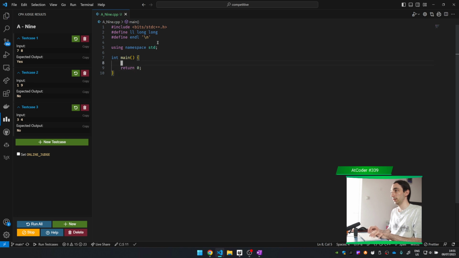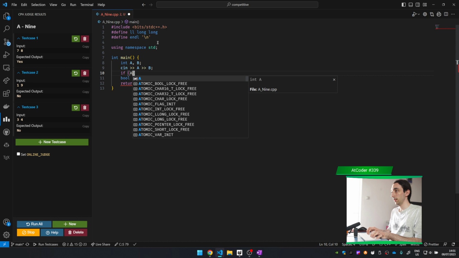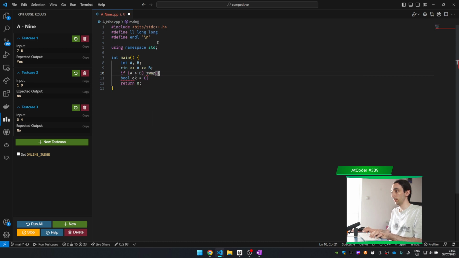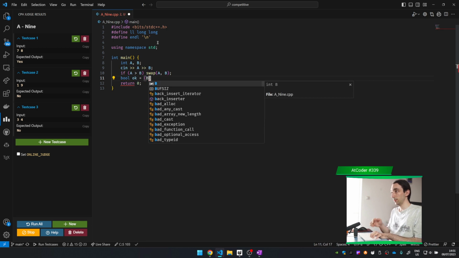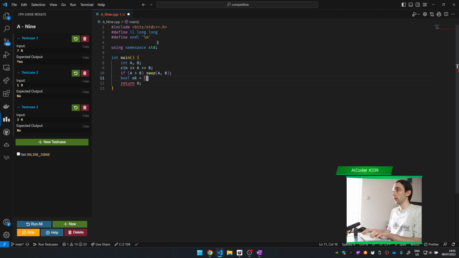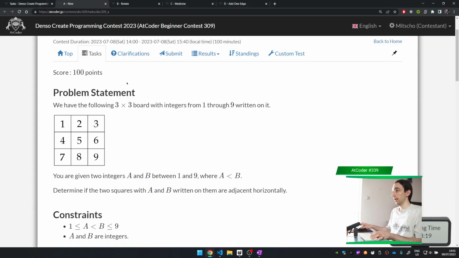but there are these edge cases. So there's a and b. I read a and b in, and then I will say like this: if a is bigger than b, I will swap a and b, and then b is now bigger than a, so a is equal to b minus 1, and a cannot be either of these, so 3, 6, or 9.